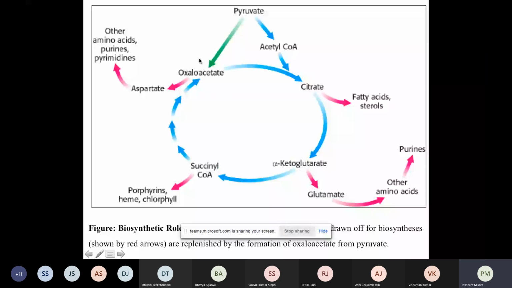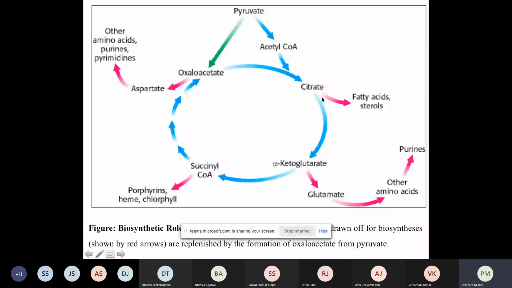So catalytic regeneration of oxaloacetate is very important, because a 2-carbon unit of acetyl-CoA enters here, and in the next steps 2 carbons leave. The cycle has to continue, and it has to regenerate oxaloacetate. Suppose I remove alpha ketoglutarate, I cannot regenerate oxaloacetate and the cycle will not continue.